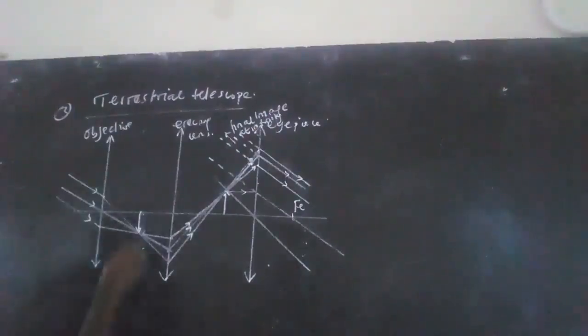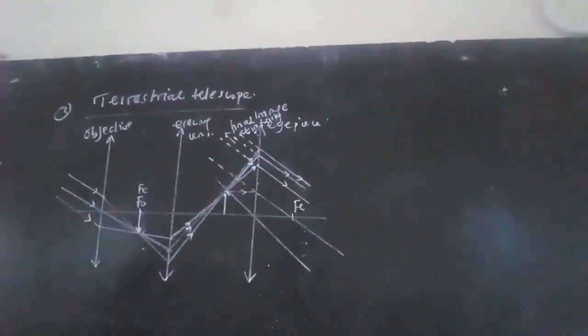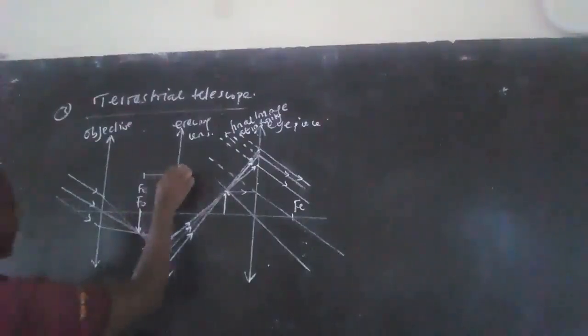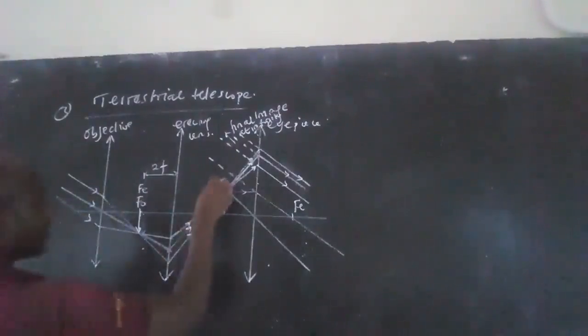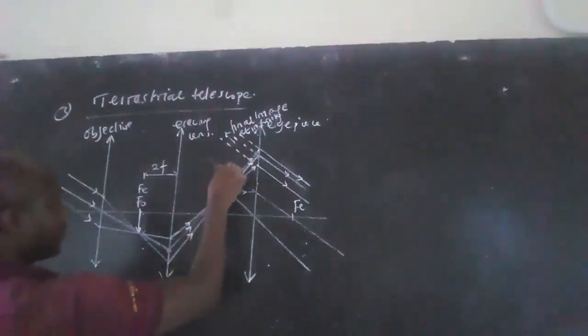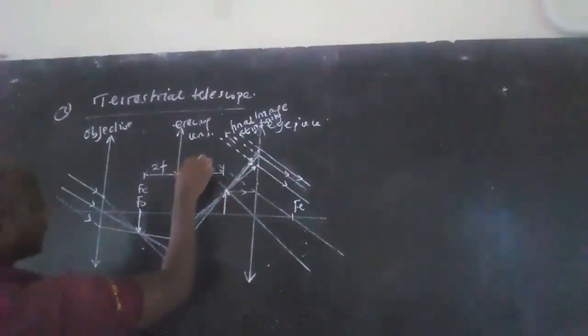Then we shall say that at this point it is F naught. Since the image is formed at infinity, it is also FE. The distance from here up to here is 2F of this length, and this distance up to here is also 2F of that length.